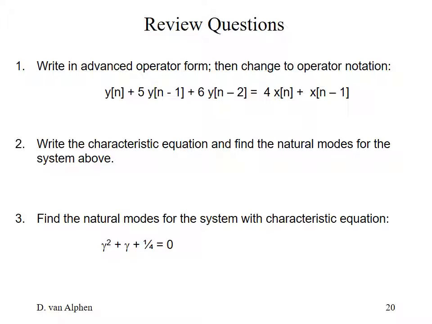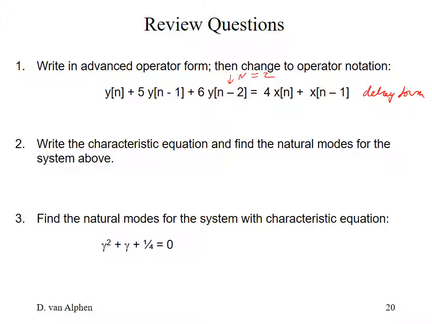Let's do a quick review question, and then we'll cut this off for this lecture at least. So this question is, write in advanced operator form, then change to operator notation. So this is right now in delay form. So we add 2. Again, this tells me capital N equals 2, because that's the biggest number subtracted from the nominal index of n.